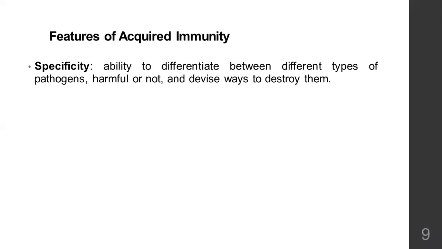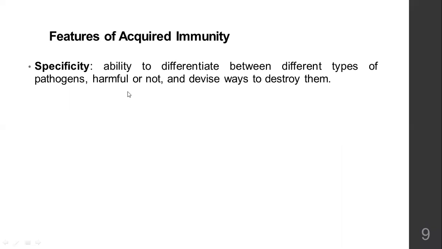Coming to the features of acquired immunity, how it is different from innate immunity. First, specificity: the ability to differentiate between different types of pathogens, whether they are harmful or not, and devise ways to destroy them.